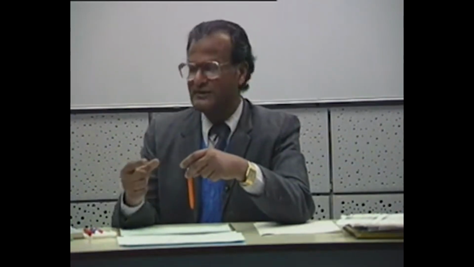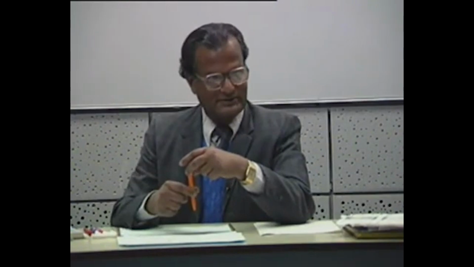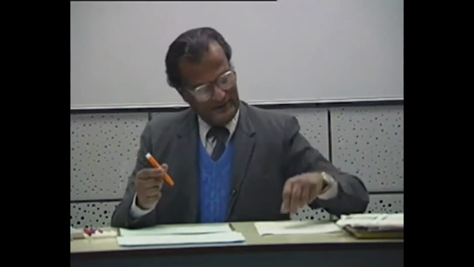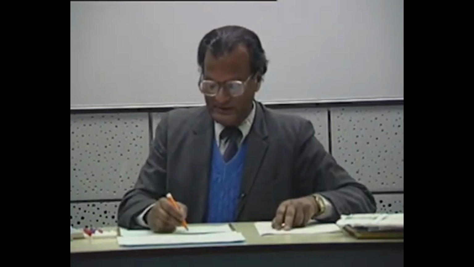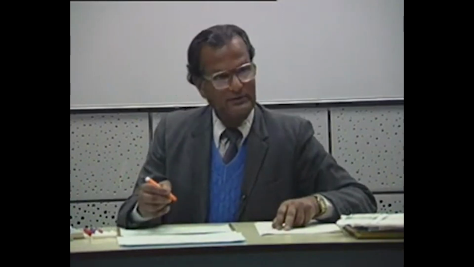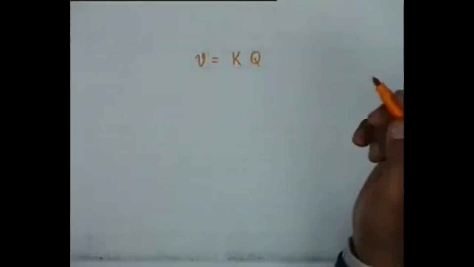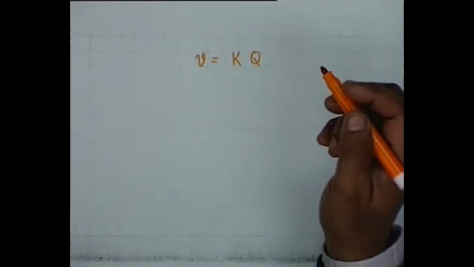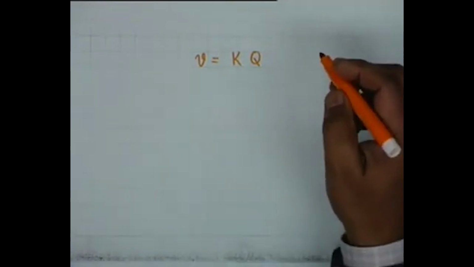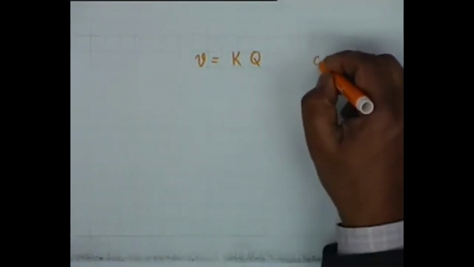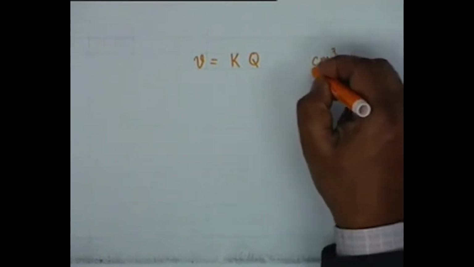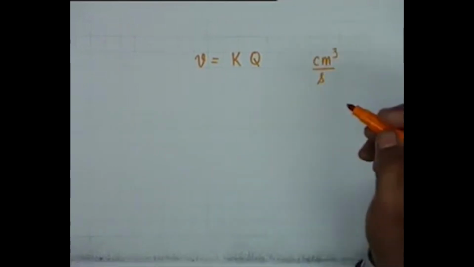So a flow meter basically develops a voltage across it. The output of a flow meter is given by a voltage V which is equal to K times Q, where capital Q is the rate of flow, let's say in centimeter cubed per second, cc per second.